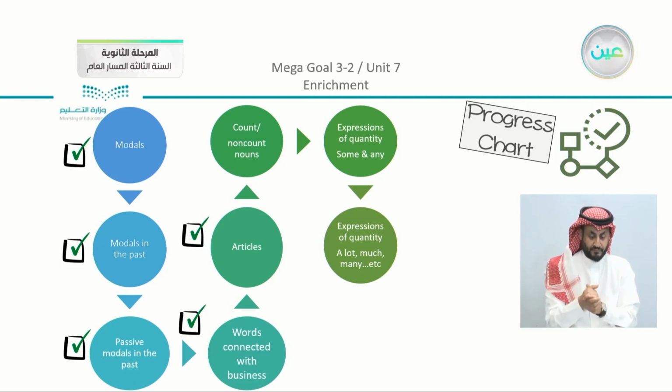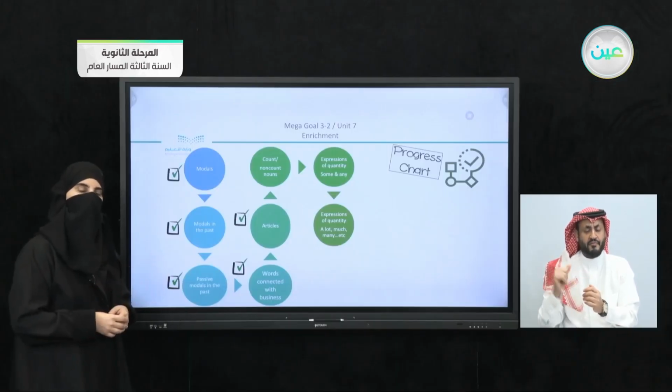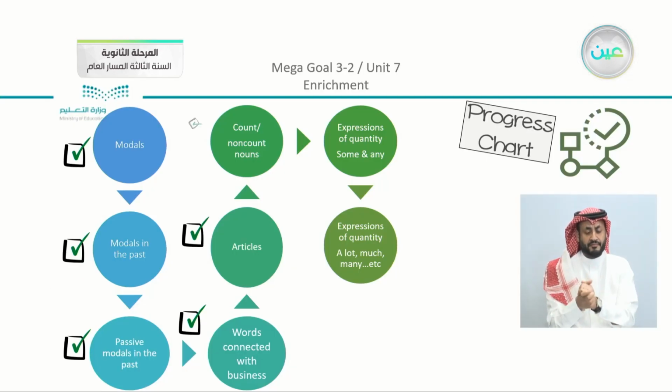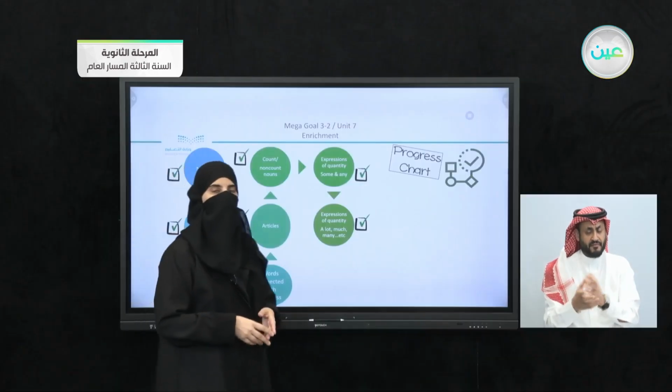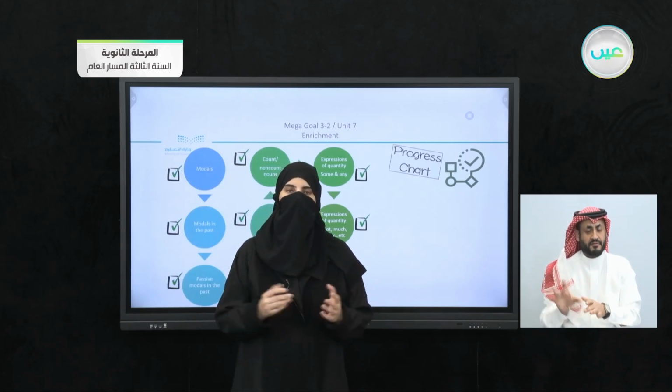And with these articles, we just revised count and non-count nouns as we studied in our lesson. After that, we used expressions of quantity using some and any, reaching the very end, which is expressions of quantity, a lot, much, many, and so on. So we have completed our enrichment for the day. We have Unit 7. We are going to move on next lesson, inshallah, to Unit A, so be ready.